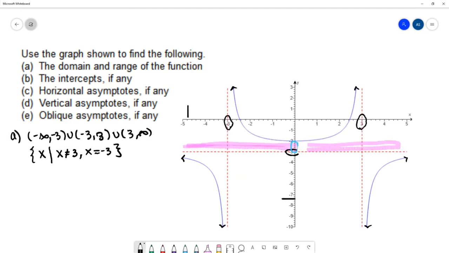So if we were to write our range, remember this is the domain, these first two, the range in interval notation would be negative infinity to negative 3, and then negative 2 to infinity. Now you'll notice that I have put a parenthesis on the negative 3.